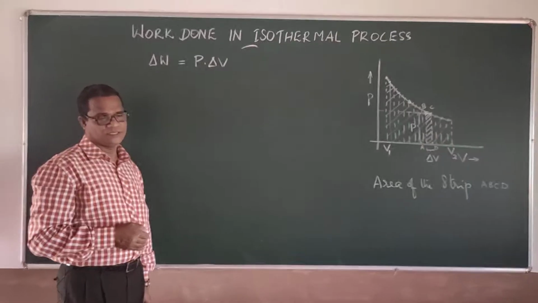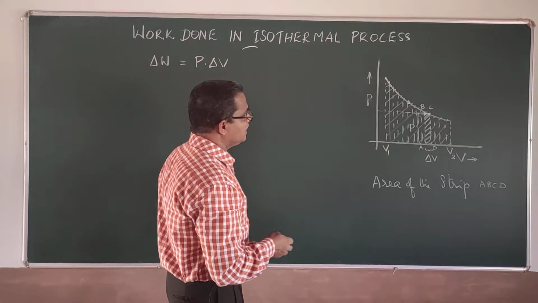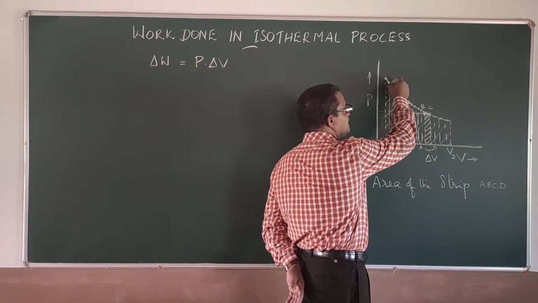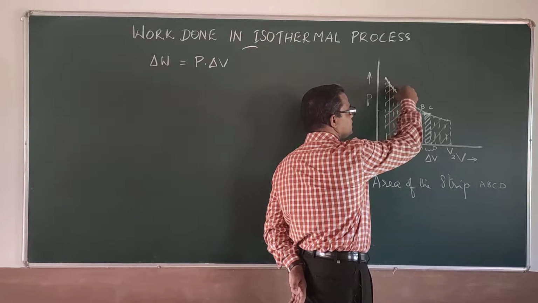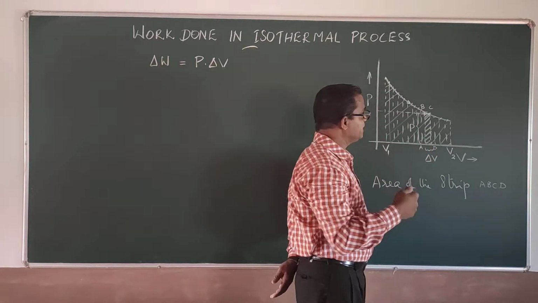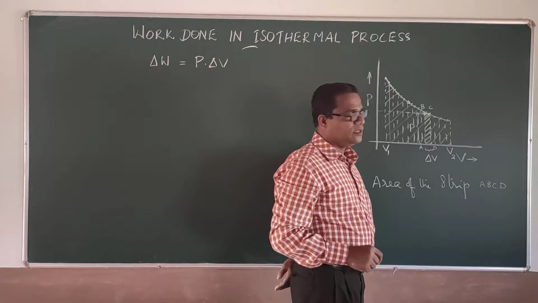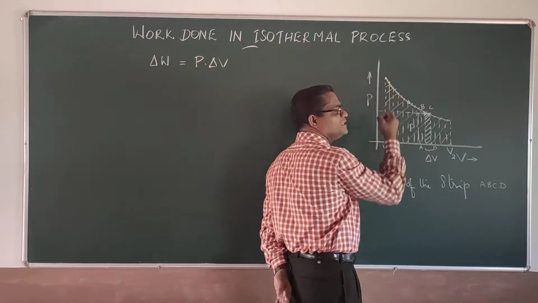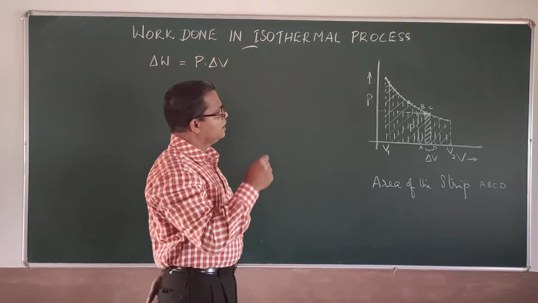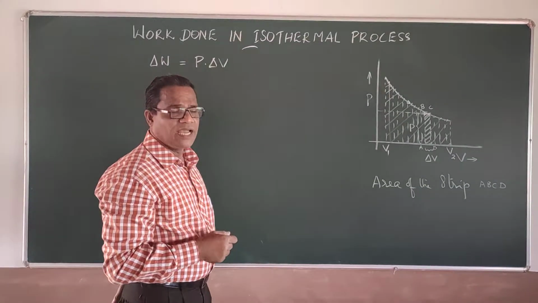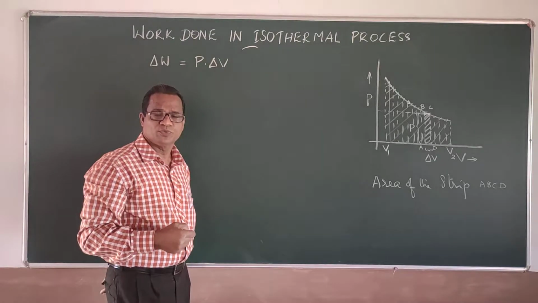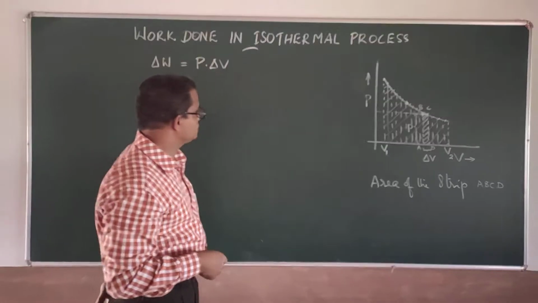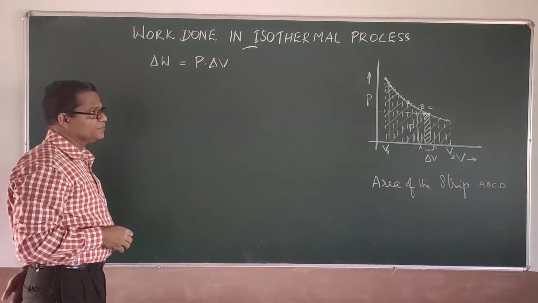Let us see how. Now, I told you the integration story: a small portion is taken and adding all of those, we get the whole thing, the work done. If I take infinitesimally small portions of that graph and add them all, that addition process is called integration.